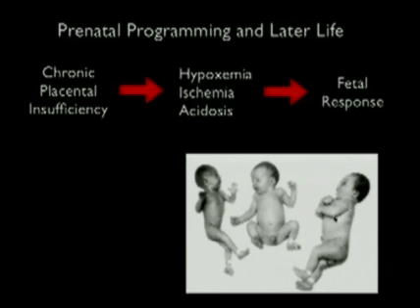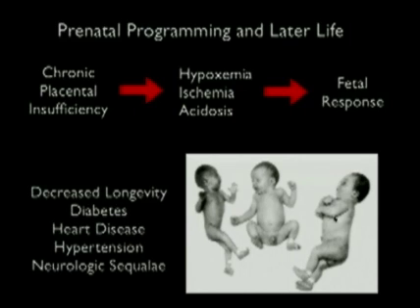But the Barker hypothesis, also known as the alpha omega theory, predicts that the small one on the left will be at higher risk for developing diabetes, heart disease, hypertension, and neurologic problems, and perhaps decreased life longevity as a result of these intrauterine insults.